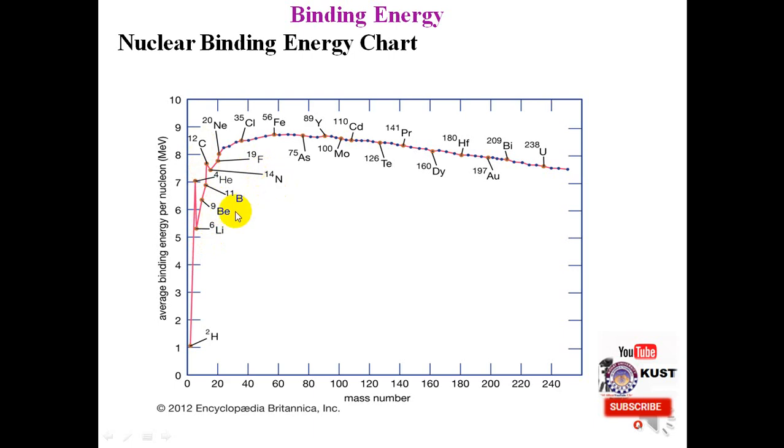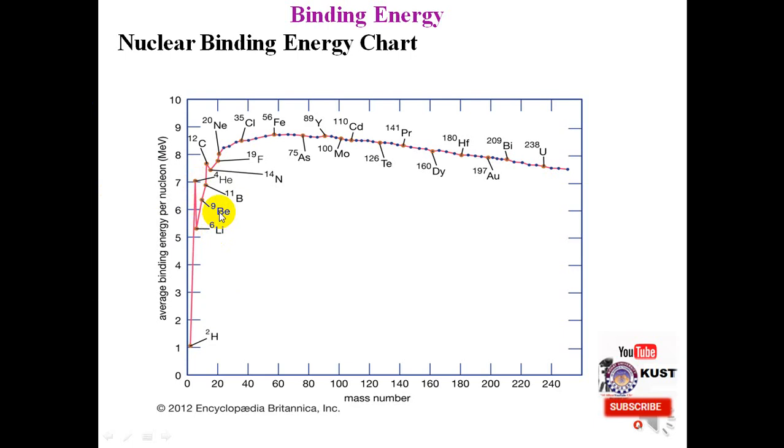So as we already discussed, when there are pairs of neutrons and pairs of protons present in the nucleus, those nuclei are more stable than the others. For example, look at helium, there is a pair of protons and a pair of neutrons. In lithium, there is an unpaired proton and an unpaired neutron. So that's why helium is more stable than lithium.